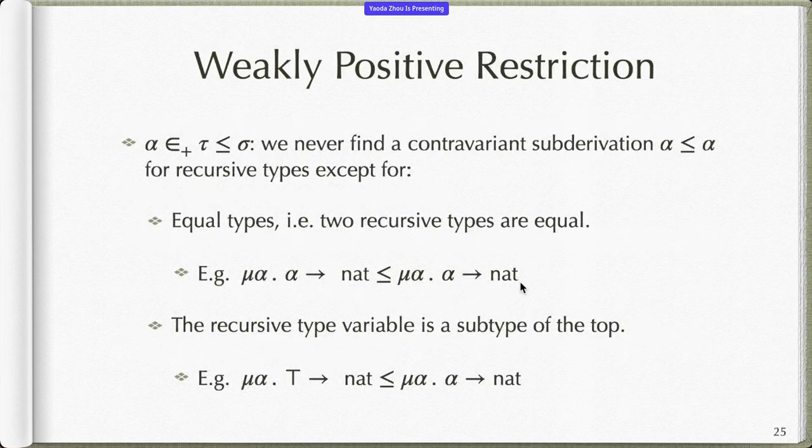What we mean by saying a variable occurs weakly positively is that we can never find a contravariant subderivation for this variable when proving the subtyping relations for two recursive types, but with two exceptions. One is when the two recursive types are equal, then we do not do this check anymore. Or the recursive type being compared is a subtype of the top, as this example shows.